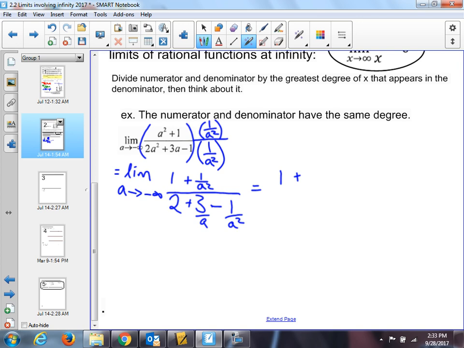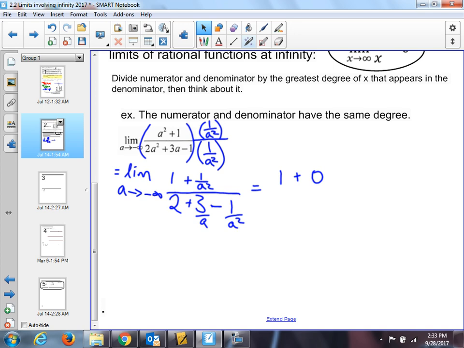So, plus 0. It is incorrect to ever write something like this. Why? Because infinity is not a number. You can't plug it in. This is why I'm saying you've got to think about it. Don't do that, right? Okay.